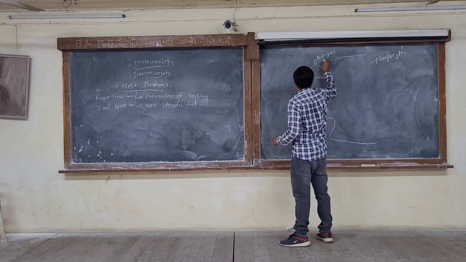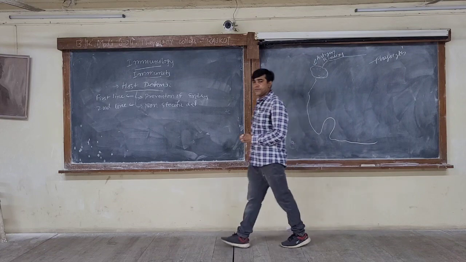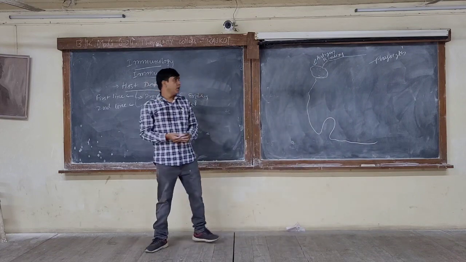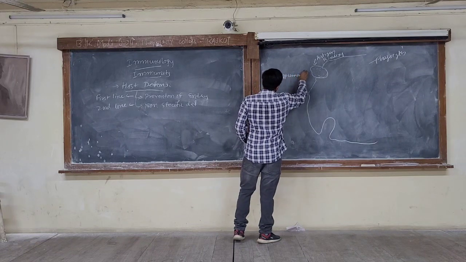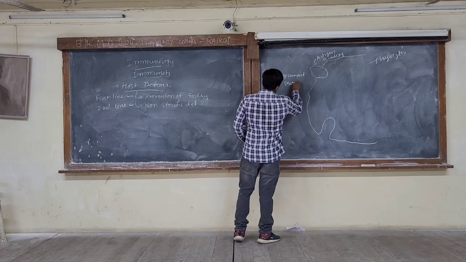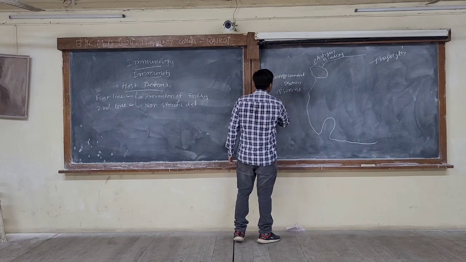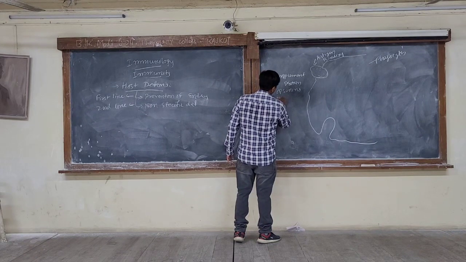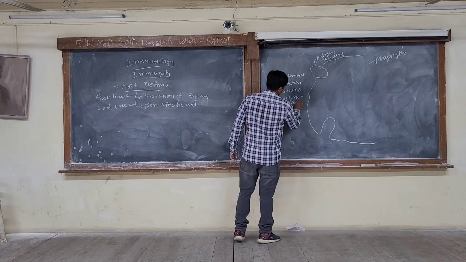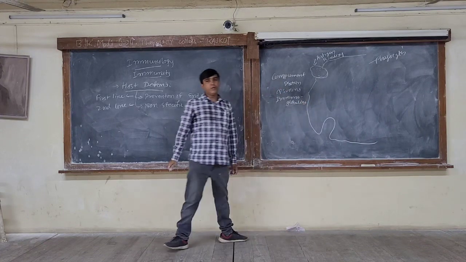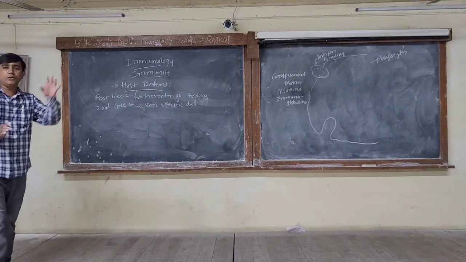This binding is facilitated by other components of our body as well, like complement proteins, opsonins, and the antibodies or immunoglobulins. They will facilitate the binding or adhesion of the antigen with the phagocyte.